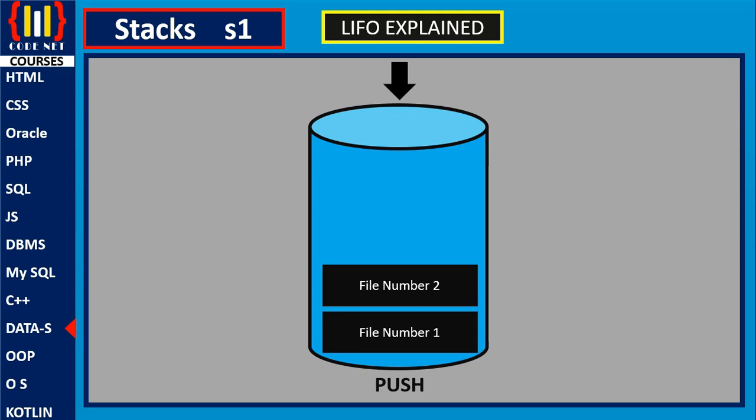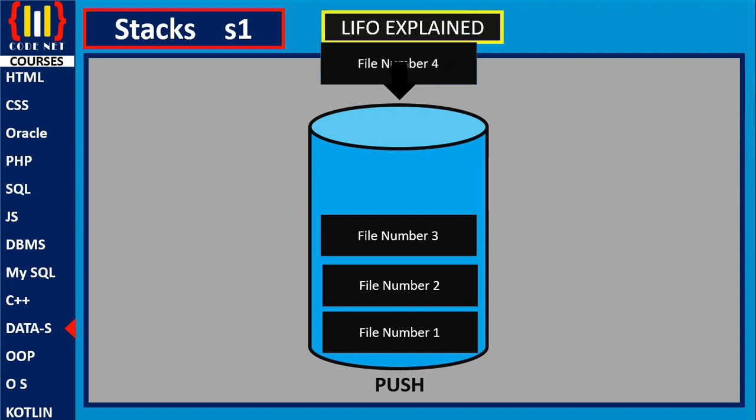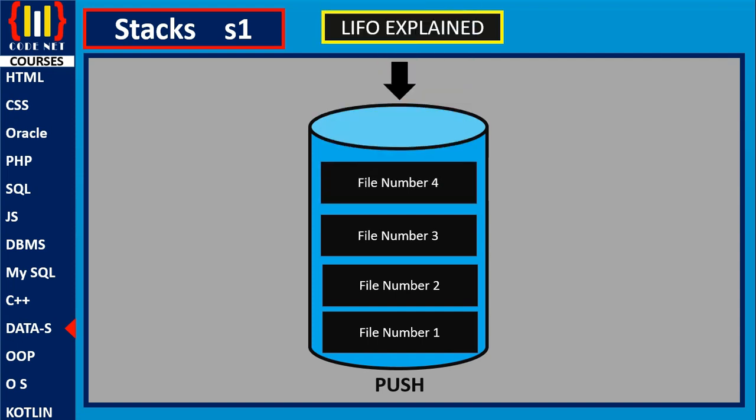Yes, definitely, because we have space in this container. We insert another file, which is file number 3. Let's insert the last one, which is file number 4. So we've inserted files inside this container, and this one was the first, this one the second, third and fourth.